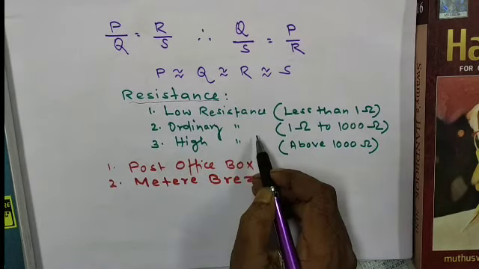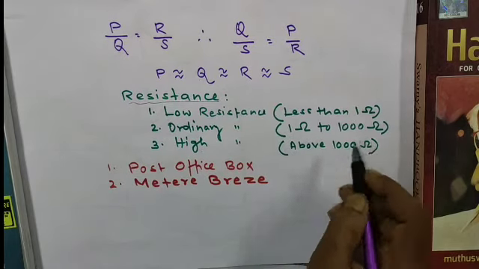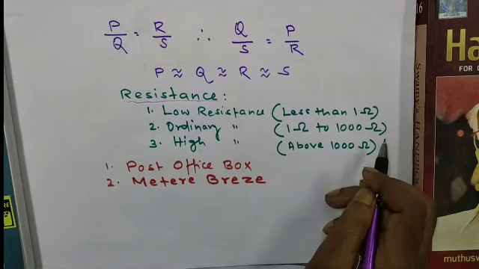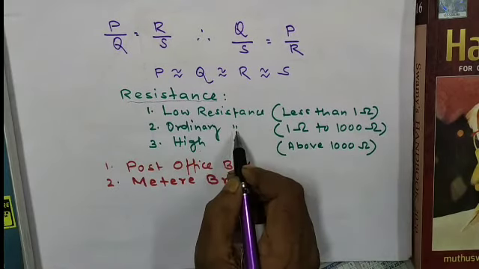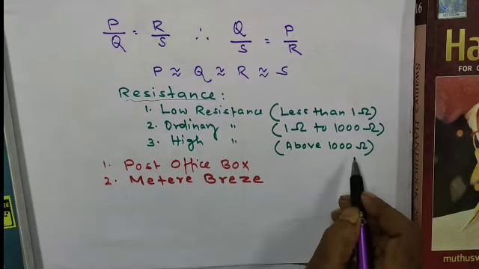Ordinary resistance: the resistance whose value is between 1 ohm to 1000 ohm is called ordinary resistance. And high resistance is above 1000 ohm.